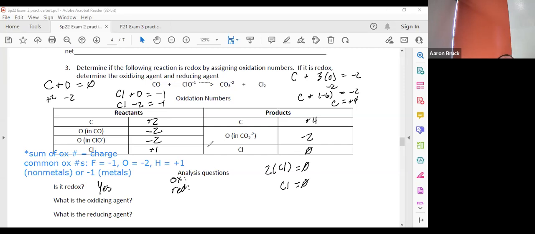Now, of our elements, I can see that the oxygen did not change. So from a standpoint of trying to figure out what was oxidized and reduced, we know that oxygen is not it. The oxygen didn't change at all. The ones that did change: the carbon went from +2 to +4, and the chlorine went from +1 to 0.